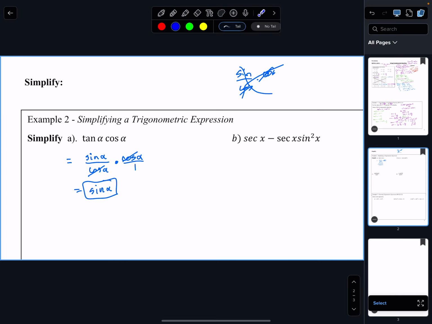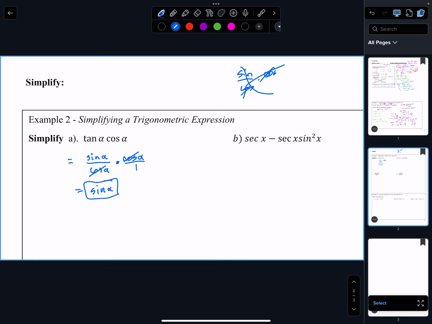Oh, I could change everything to sine and cosine. But each term, and eventually I will, but each term has a secant. And so I can factor out a secant.